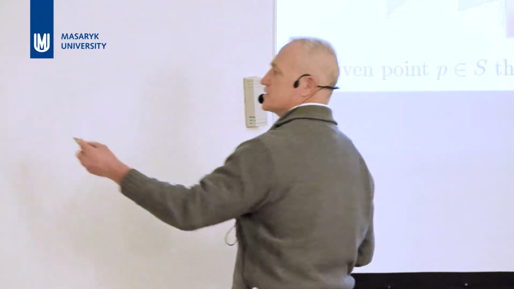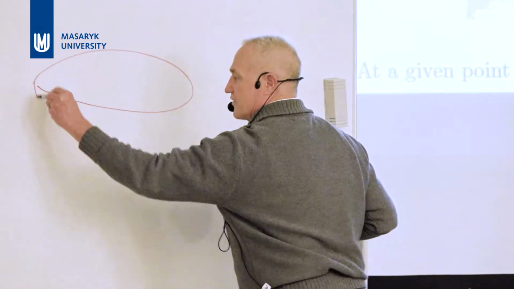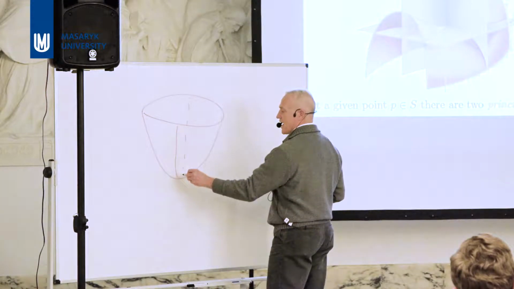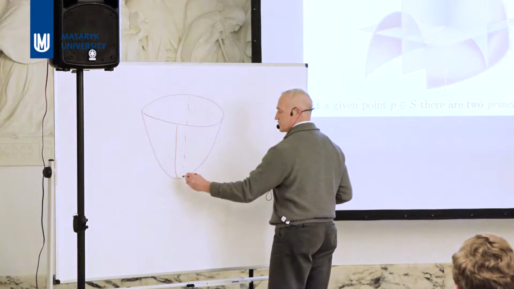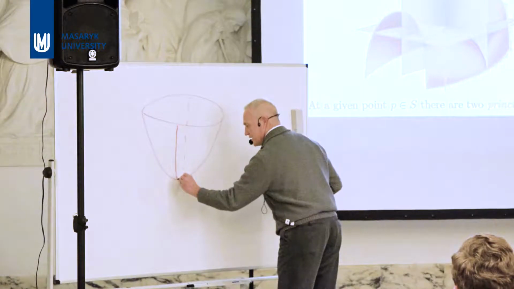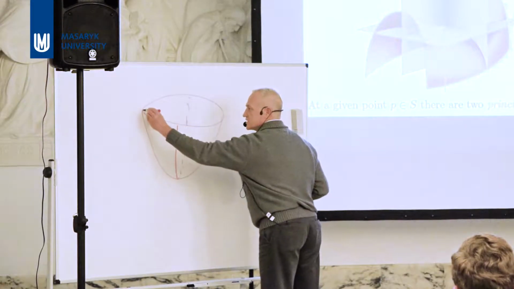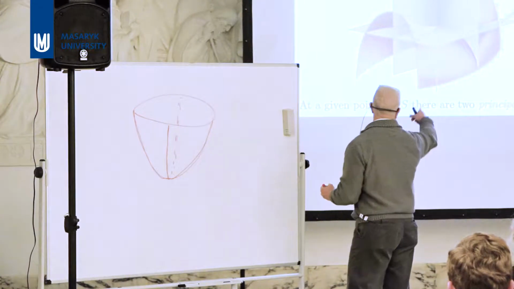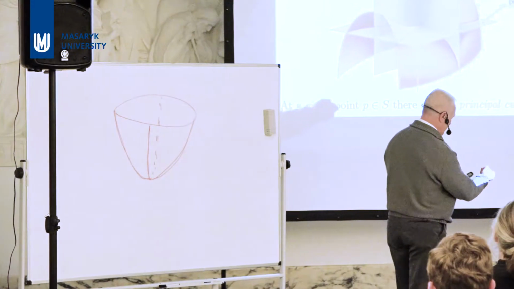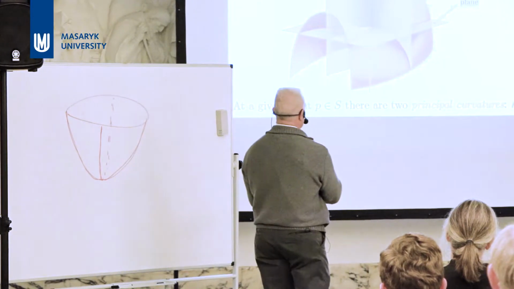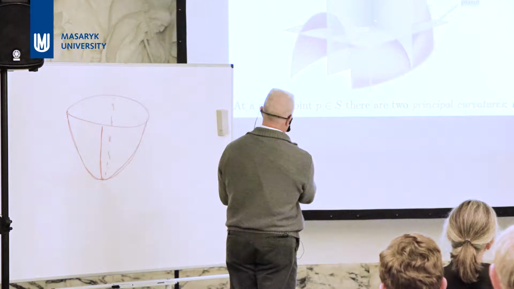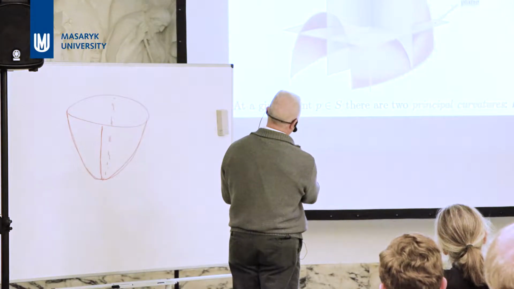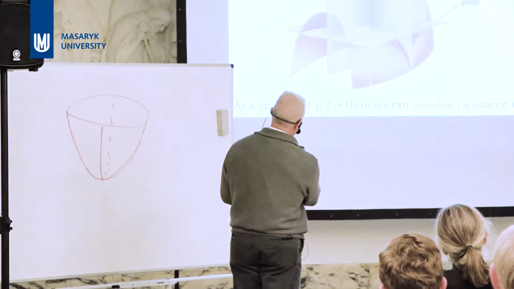You might have a surface that looks wide and thin like this, so that it's narrow in this direction and wider in this direction, so that this is the place where it's the most curved and this is the place where it's the least curved. When I talk about this number that I'm associating to this point here, in this case kappa 1 would be this way and kappa 2 would be this way.